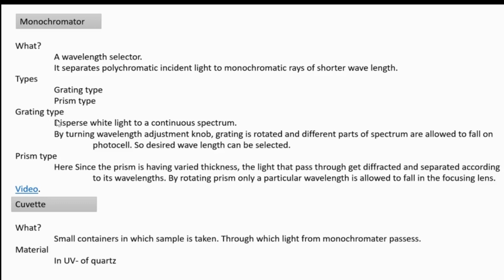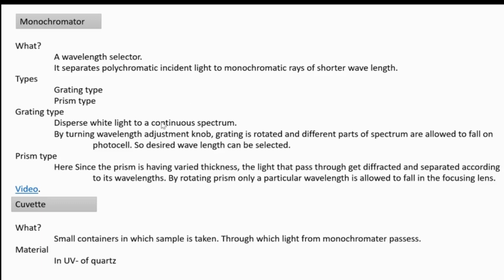So we are going to see what is grating type. Grating type monochromator disperses white light into a continuous spectrum. Disperse means when a beam of light is incident on this grating type monochromator, that beam gets split into its constituent parts, that means into different colors.